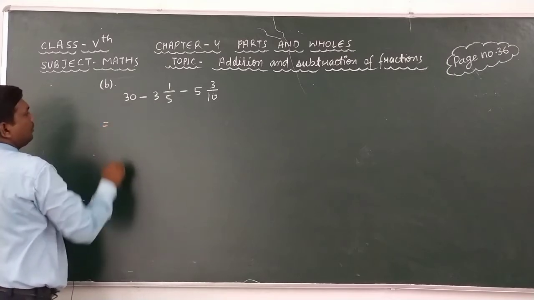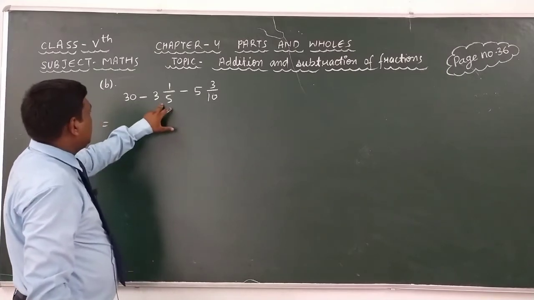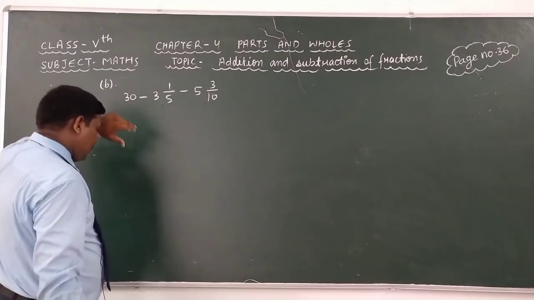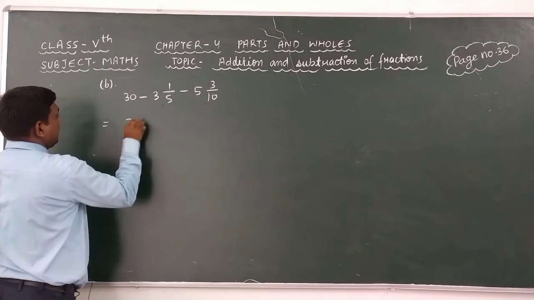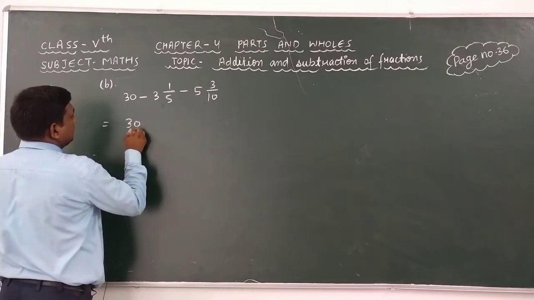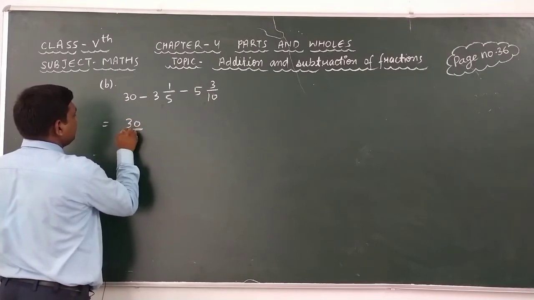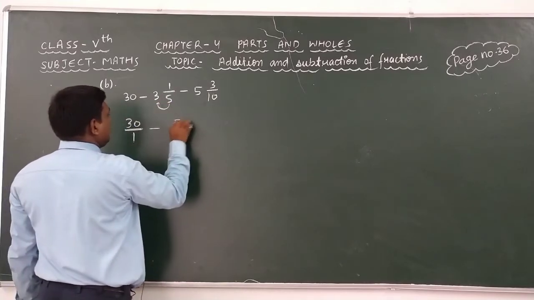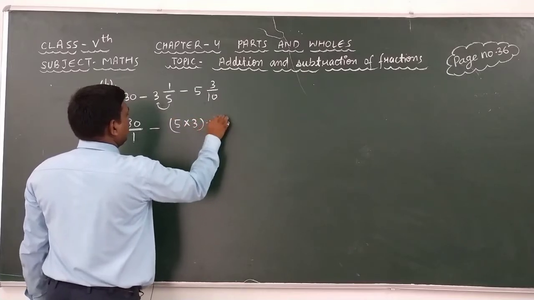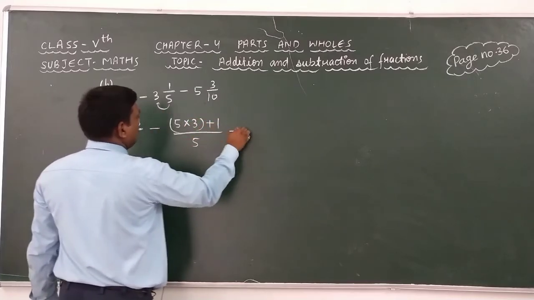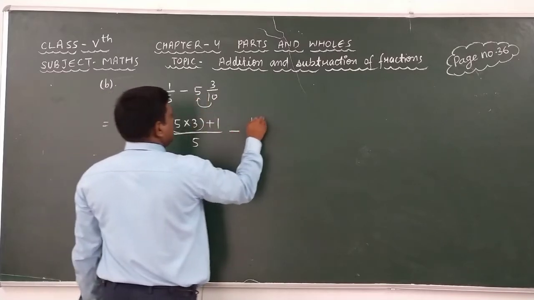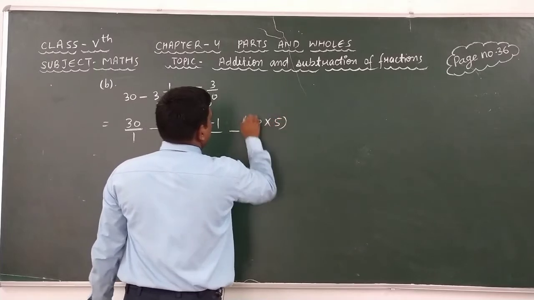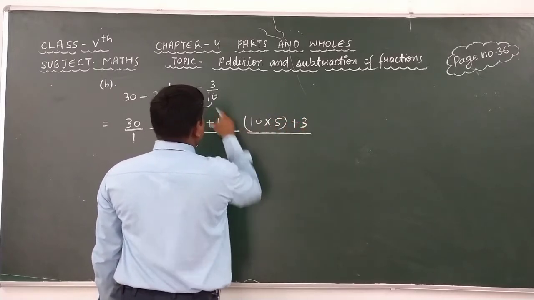This one, firstly we have to change this and this into an improper fraction. Okay, look at here carefully. Here we can write 30 divided by 1 minus 5 multiplied by 3 plus 1 over 5 minus, in this fraction we can write 10 into 5 plus 3 over 10.